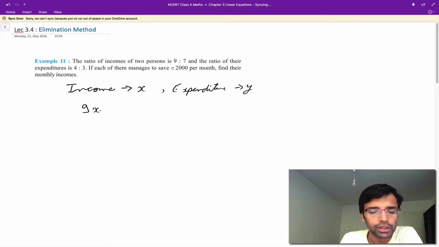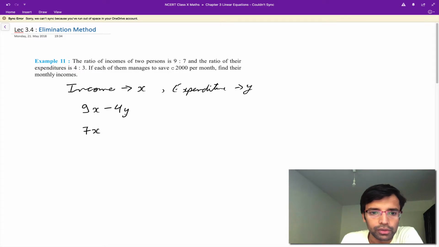If for the first person the income is 9x, for the other person the income should be 7x, because the ratio should be 9:7. Now the expenditure is y. So for the first person the income is 9x, the expenditure will be 4y.